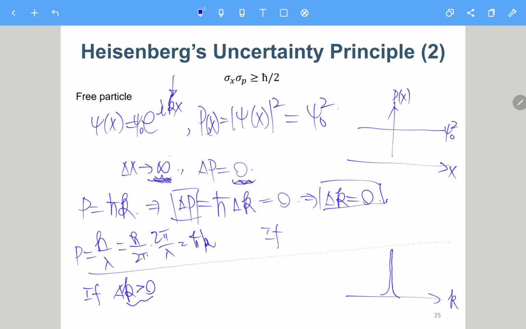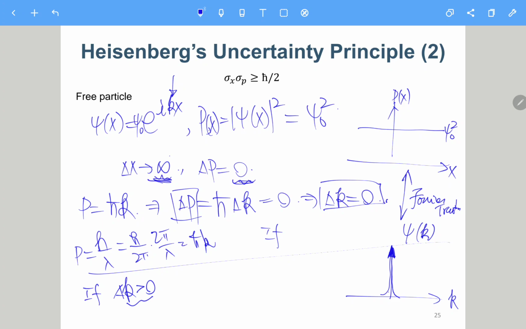Or actually, it is like a delta function. Also, this is also a wave function in the k domain. Between this and this, they are related by the Fourier transform also.